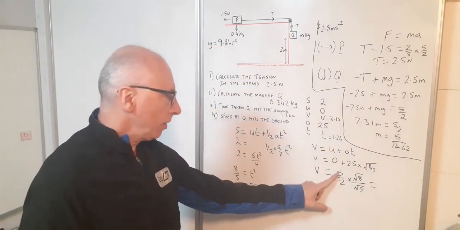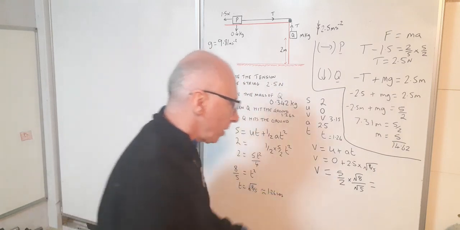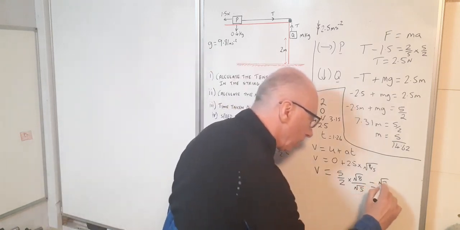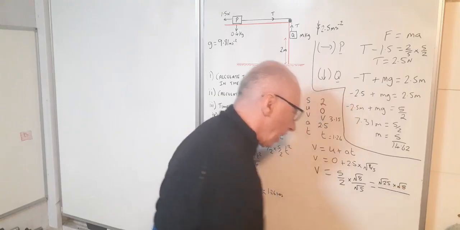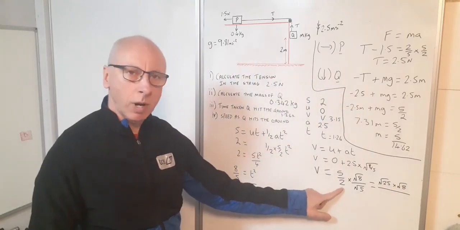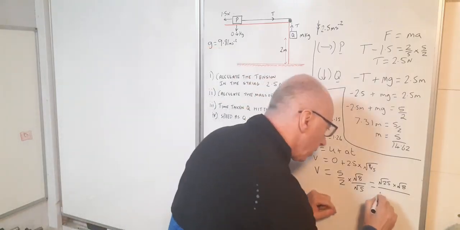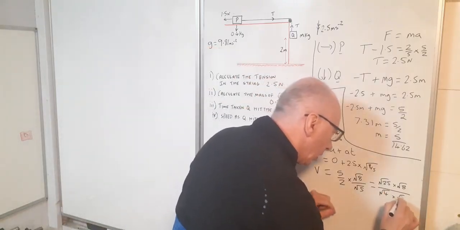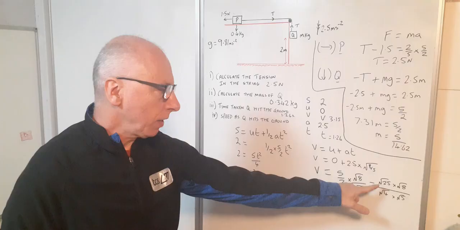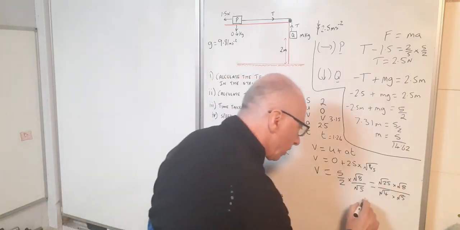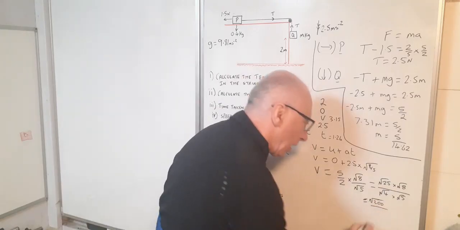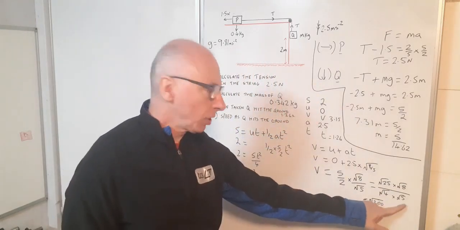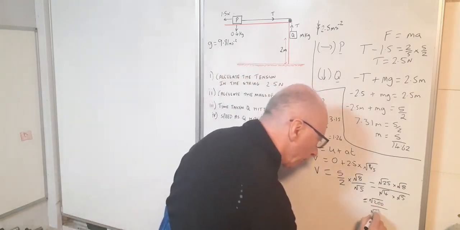The square root of 5 squared is 25, so that's the square root of 25 times the square root of 8. And then here we've got 2, which would be the square root of 4 times the square root of 5. Then 25 times 8, we can do that. That's the square root of 200. And root 4 times root 5 is the square root of 20.